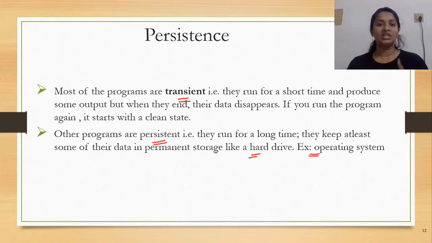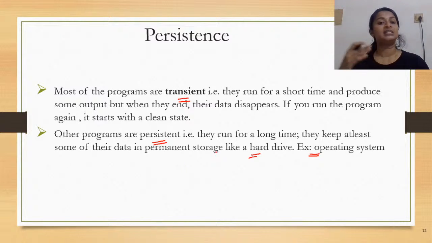Do you think that you switch on your system today, the operating system runs, and then you switch off the system and erase your operating system from the computer? No, right? As long as you are using the system, such system software has to prevail in your system, right? Hence the term persistence.